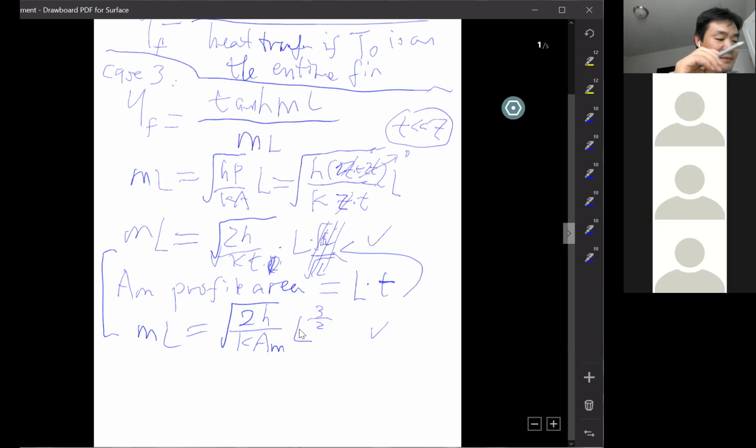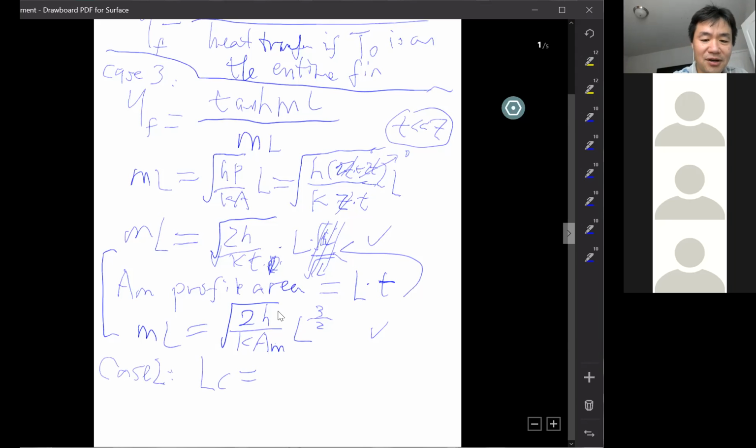For case 2, if the fin is long enough, then the heat transfer at the tip is negligible. We use a corrected length to represent the overall heat transfer length.